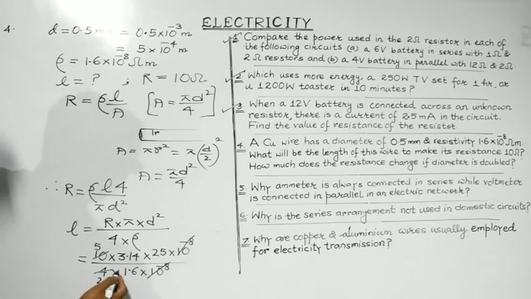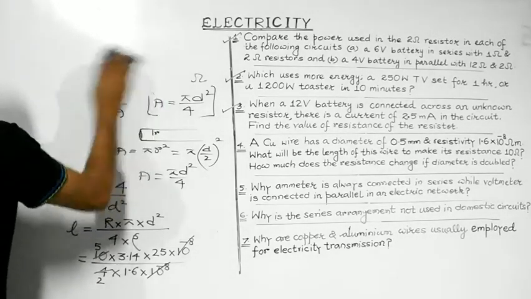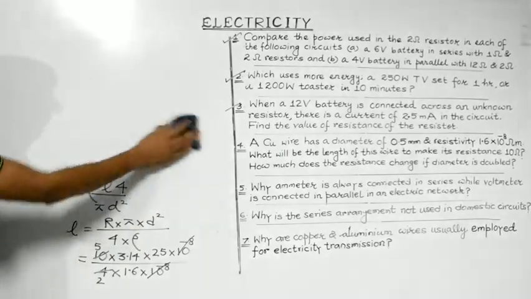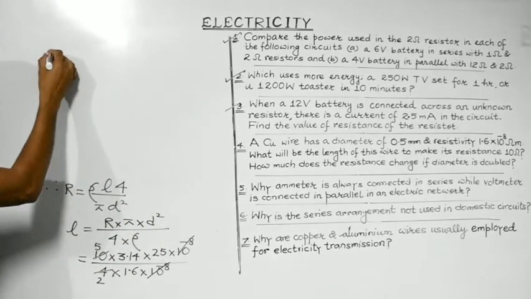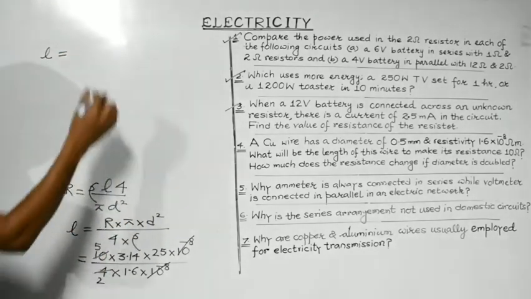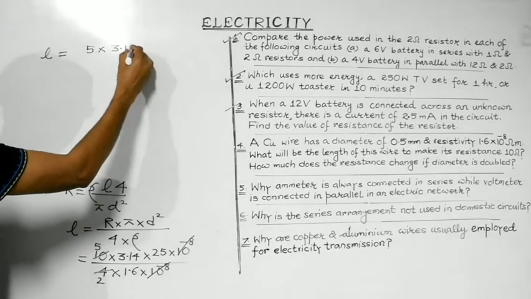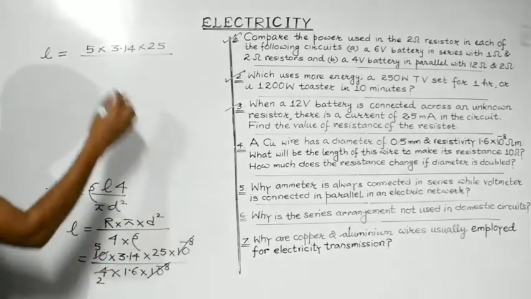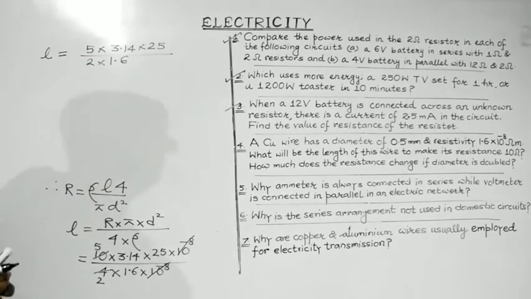This again can be written as, so let me solve it over here. These are calculations which you should be easily able to do, but anyway, let me solve it for you. So L will be equal to 5 into 3.14 into 25 divided by 2 into 1.6. Clear, students?